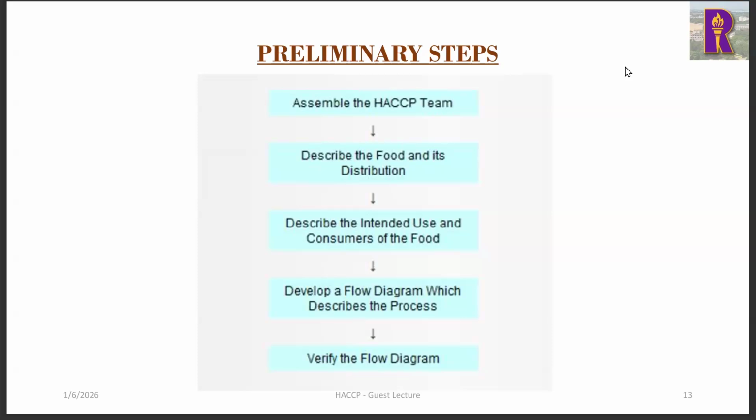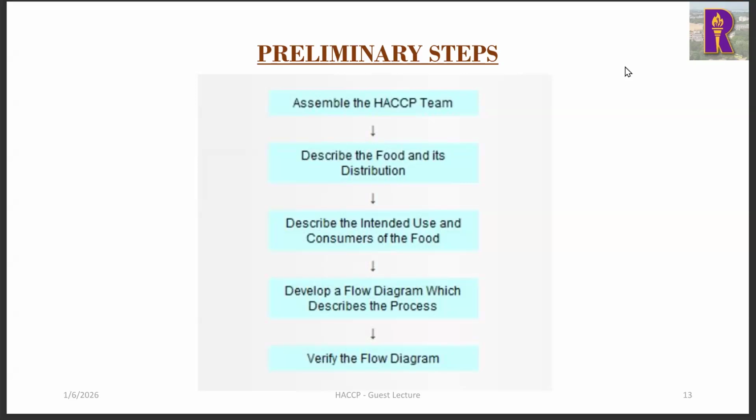Next, we have to give the intended use and the consumers of the food. We have to describe the product, whether it goes into the market directly to the consumer or it goes stage-wise through to the last fork of the plate. And next comes the flow diagram, which describes the process.